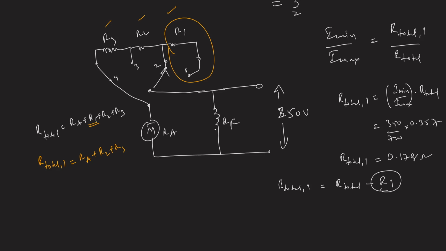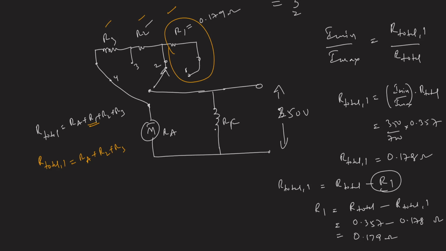So if I want to calculate R1, it is R total minus R total comma 1, which is 0.357 minus 0.178 ohms. How much is this value? 0.179. Okay, let us do it correctly. So R1 is equal to 0.179 ohms.